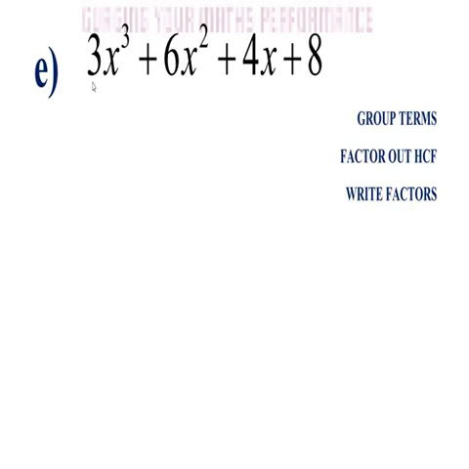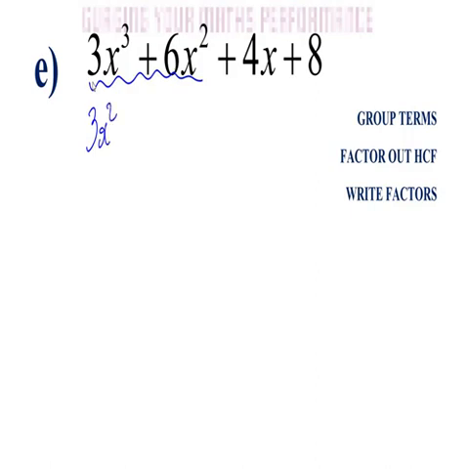Now for the final question. We have 3x cubed plus 6x squared plus 4x plus 8. Now, what's the highest common factor in our first two terms? So we have 3, because that can go into both 3 and 6. And then the highest term that can go into x squared and x cubed is going to be x squared.